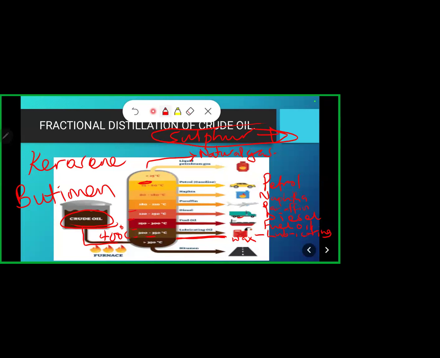Bitumen is used for waterproofing. That's why it's used on roads and for roofing. And it's also used in making ink. Its powder is used in making ink, paint, cement.